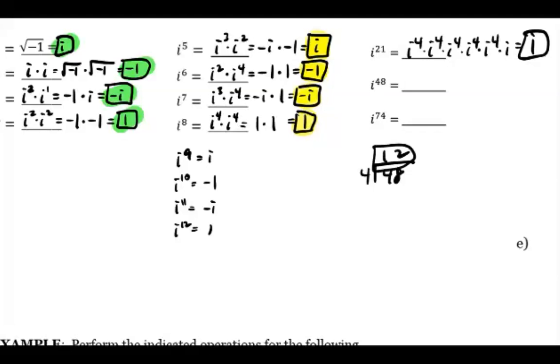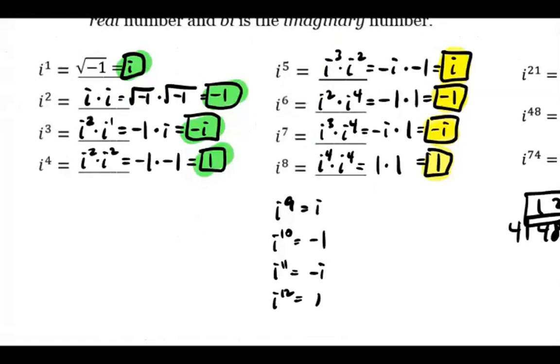Which one is that going to be on my list here? Is it going to be i, -1, negative i, 1? Which one is it going to be? It's going to be 1. Why 1? You guys are right. Because isn't that the only number that's divisible by 4?